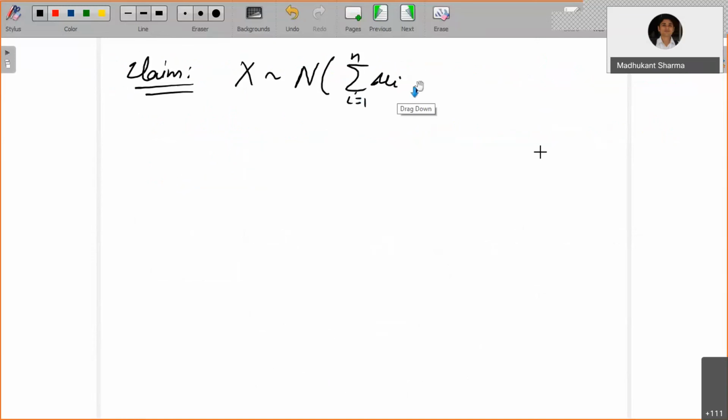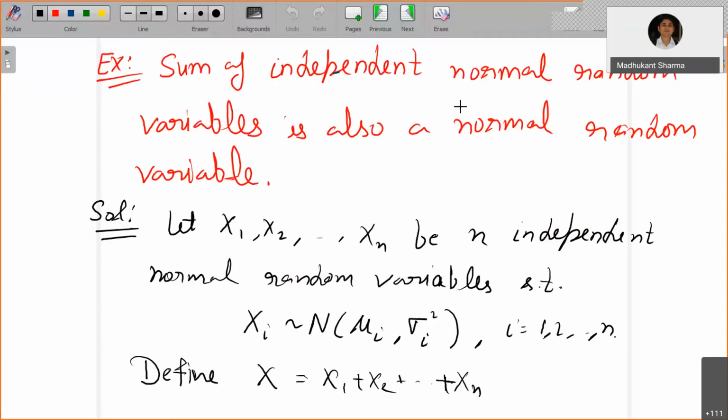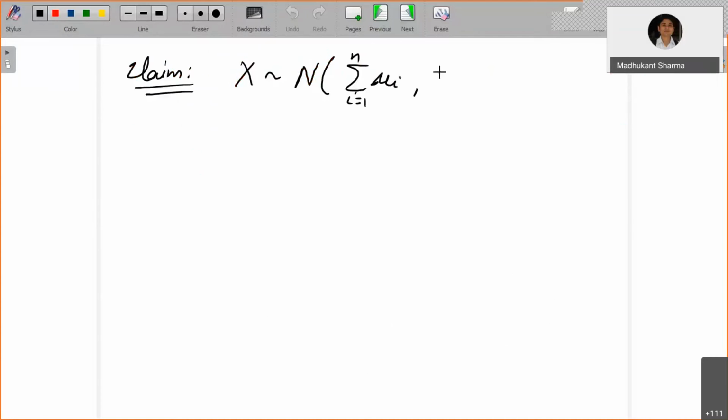You know, the variance of a sum of independent random variables is the sum of the individual variances: variance of X1 plus variance of X2 plus variance of Xn, and their covariances are 0 due to independence. So that is going to be summation sigma i square, i equals 1 to n. We want to claim this.